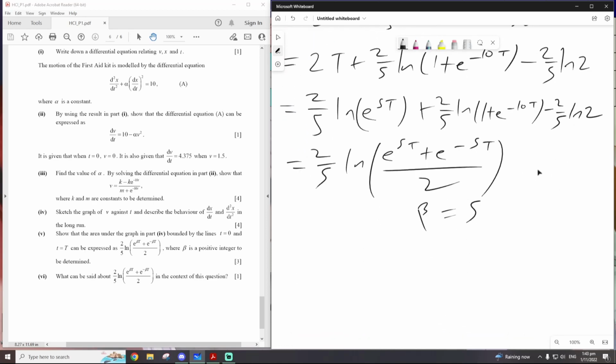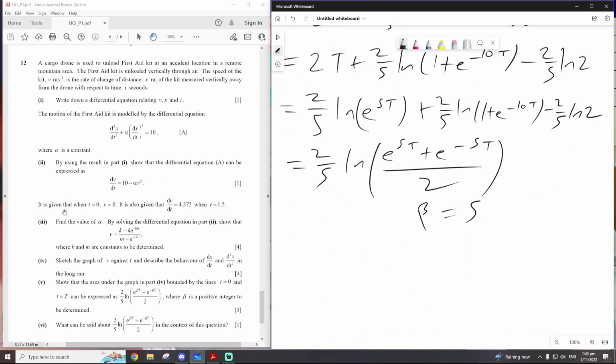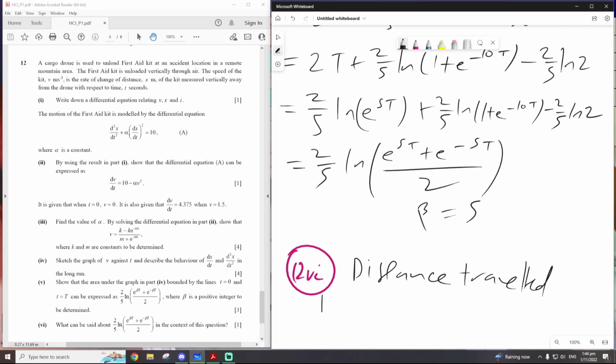So this is the area under a speed-time graph, so therefore it must be the distance traveled by the first aid kit in the first T seconds, capital T.